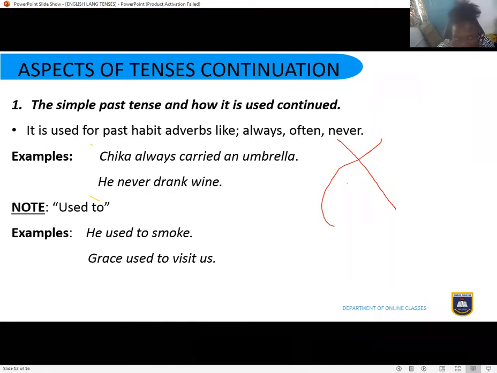So that sentence is wrong. The right way to say it was Chika always carried an umbrella. And then the last example that we look at is he never drank wine. He never drank wine. All right.